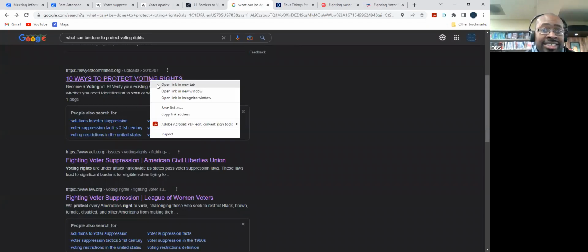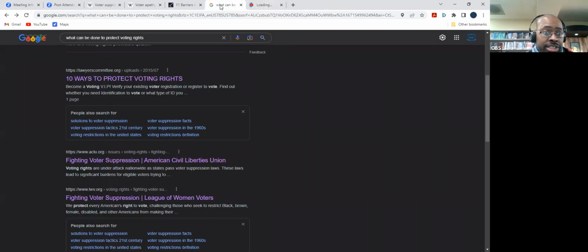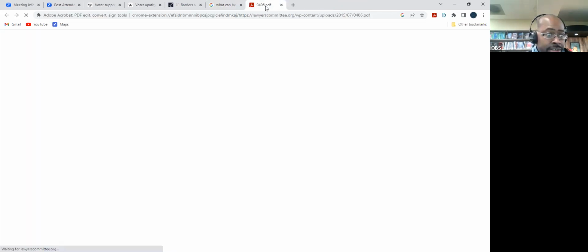And let's see what else. I was hoping I could get this page up. It talks about some of the 10 ways, but I don't think I'll be able to pull that out.